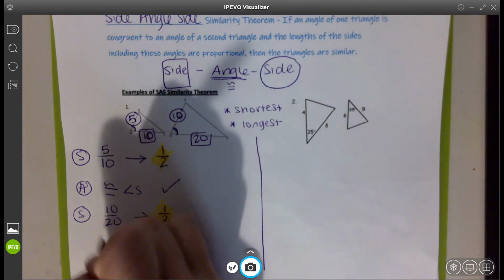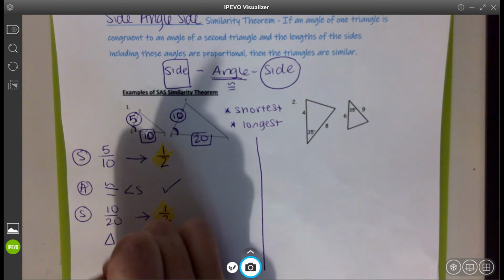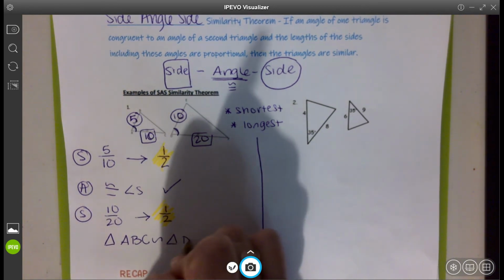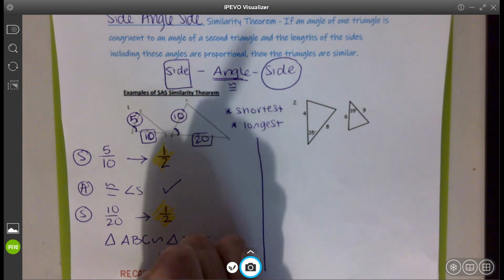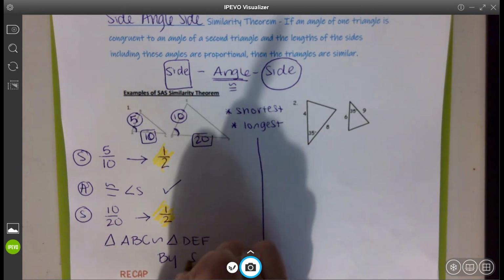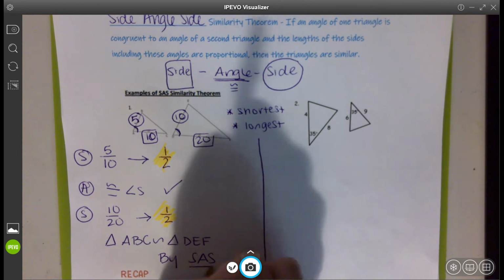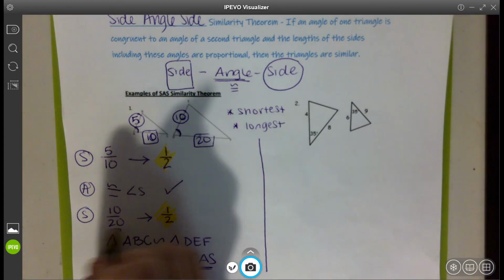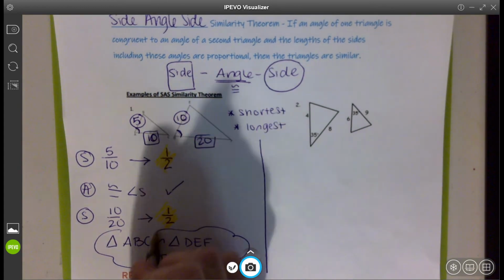And I can write that by saying triangle ABC is similar to triangle DEF by SAS. Do not forget to include which theorem or postulate you are using to support your work. So you want to make sure you have that statement.